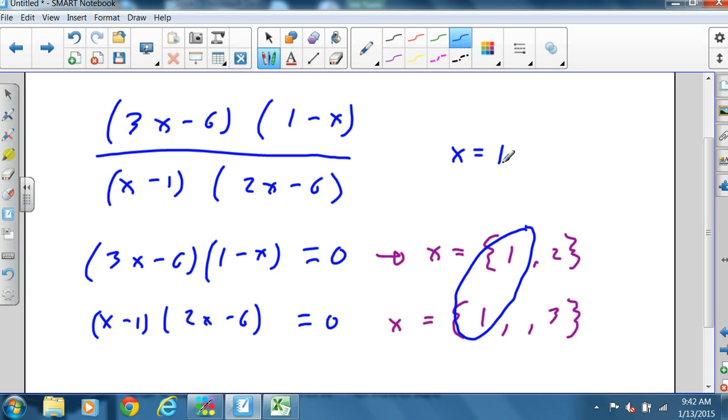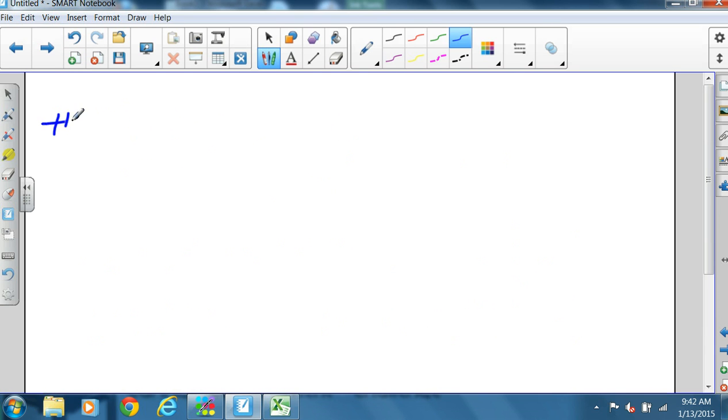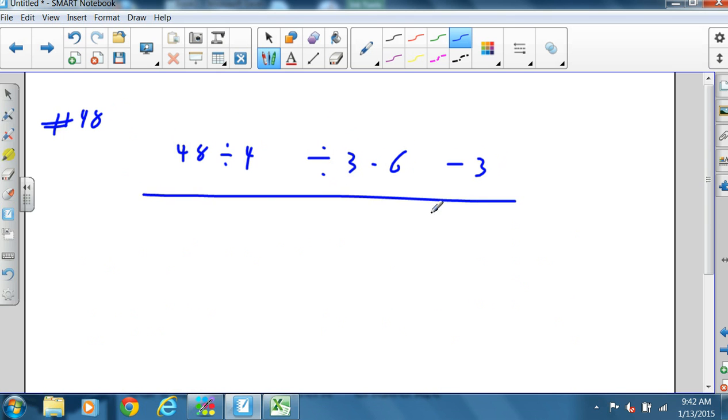Going to 48. 48 divided by 4 divided by 3 times 6 minus 3 over 4 plus 2 times 6 minus 2.